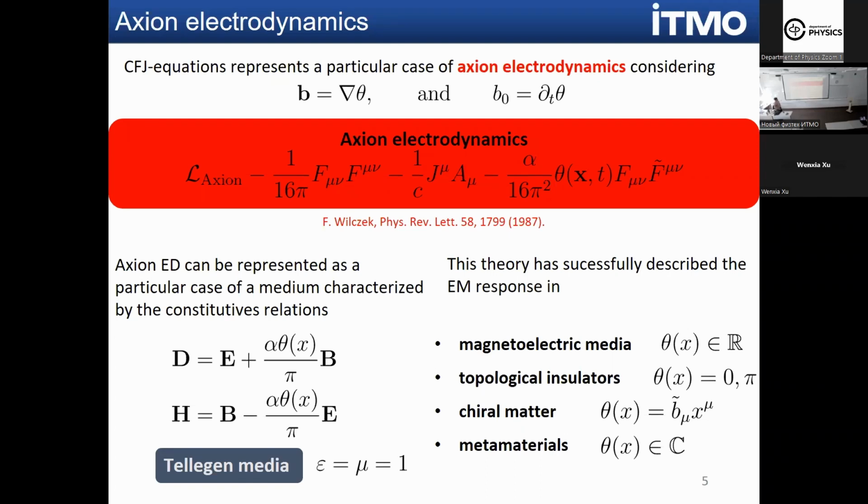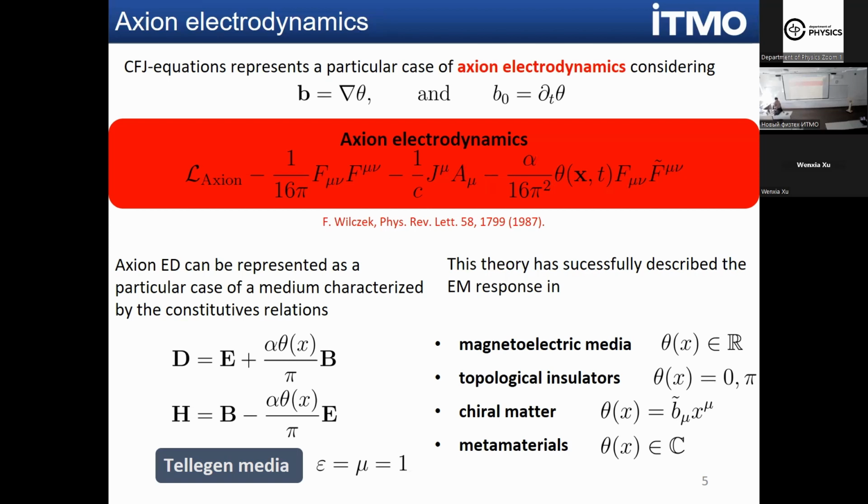The Lagrangian that describes axion electrodynamics is this one, and was proposed by Wilczek in 1987. This model also preserves gauge invariance, obviously, because all the components of the Lagrangian density are gauge invariant.